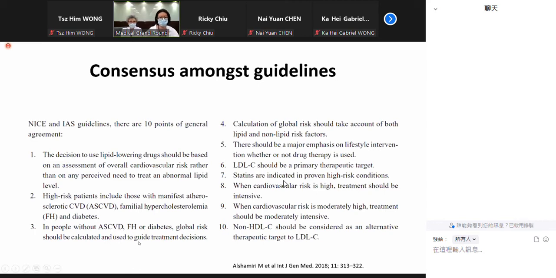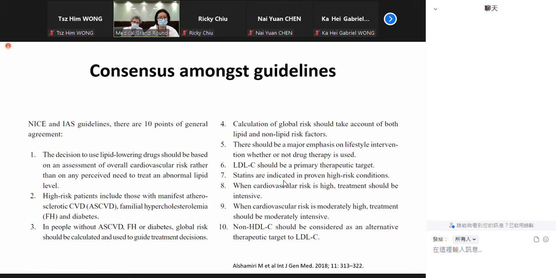So I think the premise is that one is about assessing cardiovascular risk. And we should be considering lipid-lowering drugs based on an overall assessment of their cardiovascular risk rather than just merely on the lipid level itself. And those particularly high-risk patients include those with manifest atherosclerotic CVD, and particularly also people with conditions such as familial hypercholesterolemia and also diabetes.